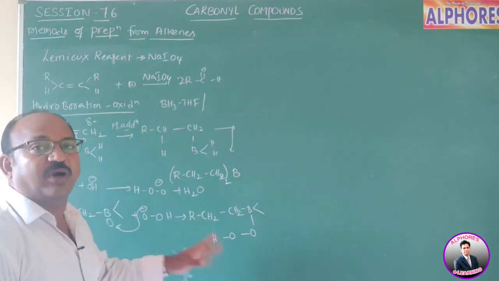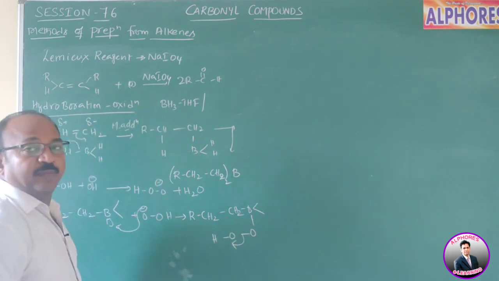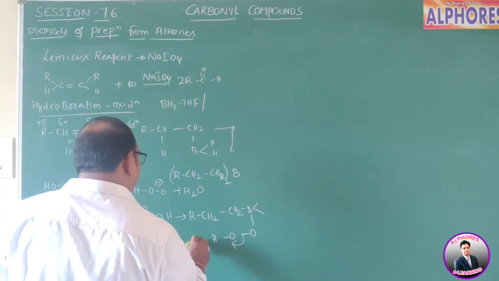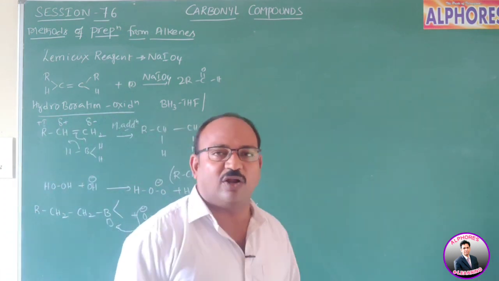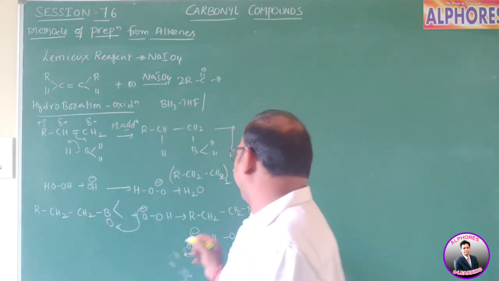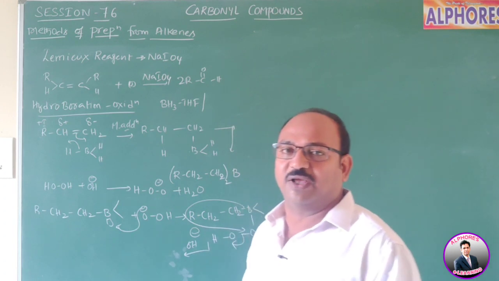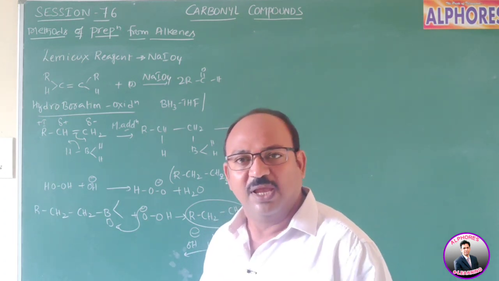As we know, the peroxy bond is highly unstable, and OH minus leaves. Whenever OH minus comes out, an electron deficient oxygen remains, so an alkyl group migrates from boron to oxygen. This is what we call a concerted mechanism: all bond breaking and making takes place at a time.